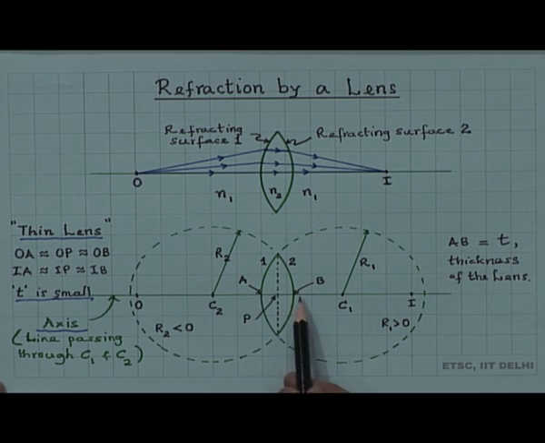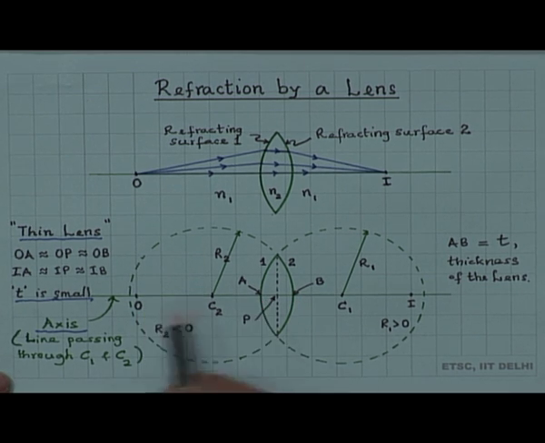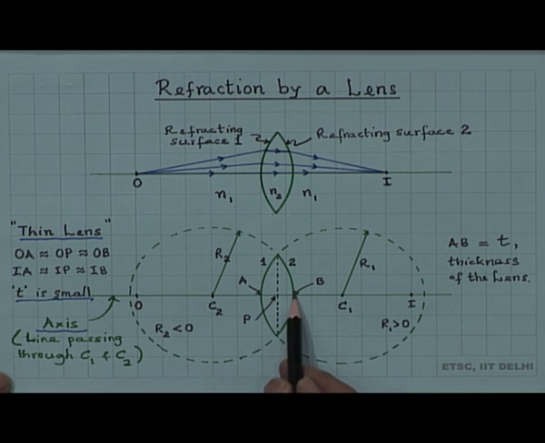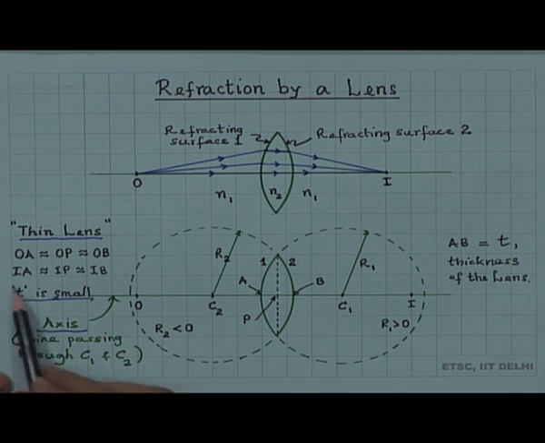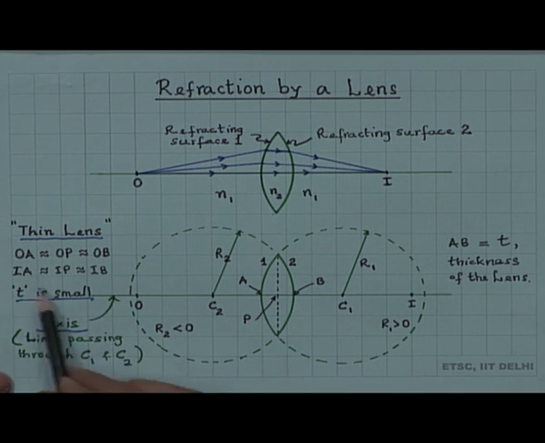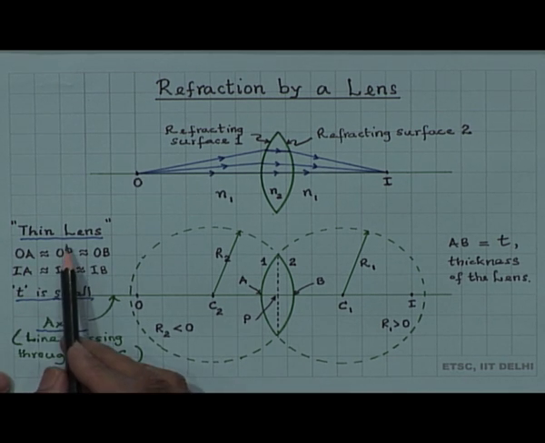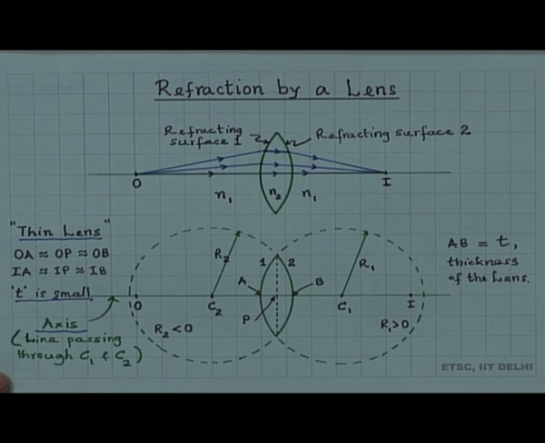Under this approximation, the distance OA is approximated to OP, provided this thickness is small, OA is nearly equal to OP, nearly equal to OB. So, this is an approximation which is followed in the case of thin lenses. That is why we are considering thin lenses in this course.